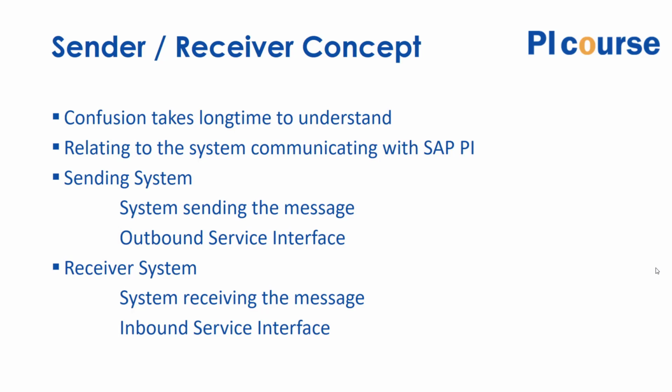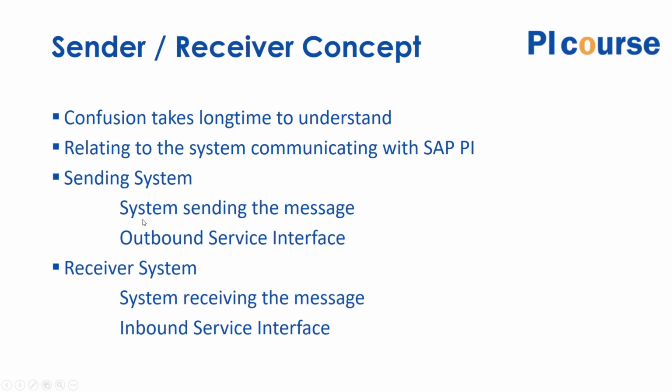I was briefly mentioning this sender-receiver concept and what it was, and it sometimes gets confusing. What we're saying is that the communication we're defining in the PI system all correlates to what system we are trying to interact with. So the sending system is the system where we receive the message from.